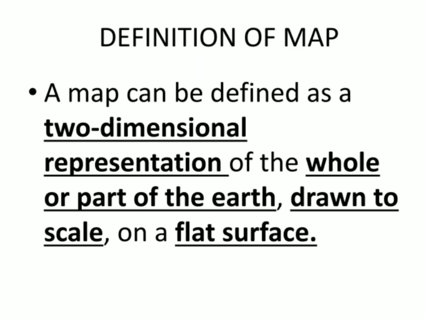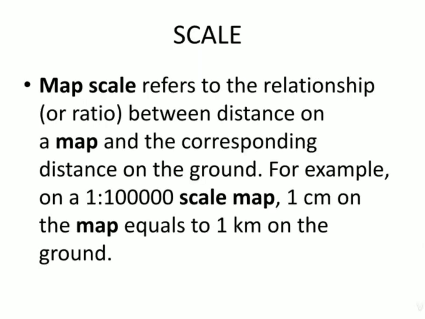Now let us understand what we mean by scale. Map scale refers to the relationship between distance on a map and the corresponding distance on the ground. Students, with the help of scale, we are able to exactly understand the distance that is required to be covered.